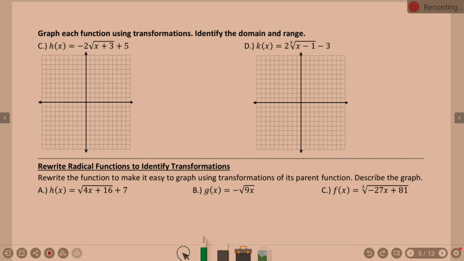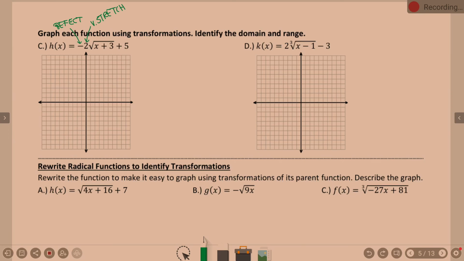The negative indicates a reflection, like what we just did. The 2 is a vertical stretch. Okay? So the negative is a reflection. The 2 is a vertical stretch.